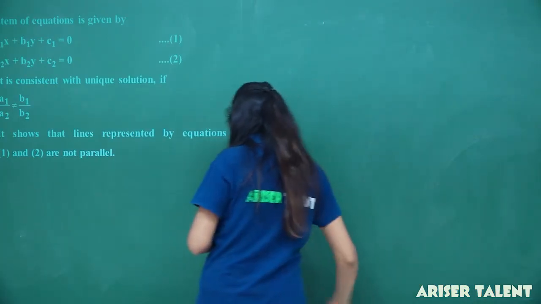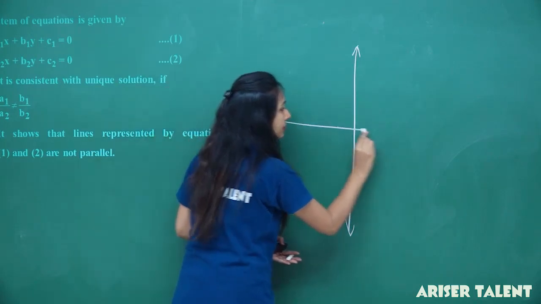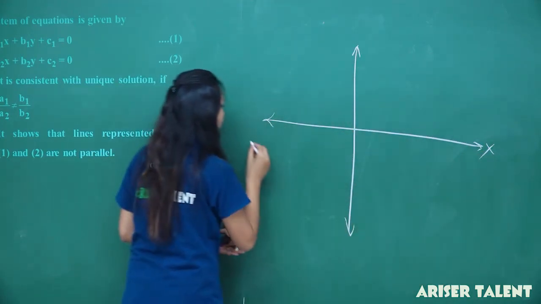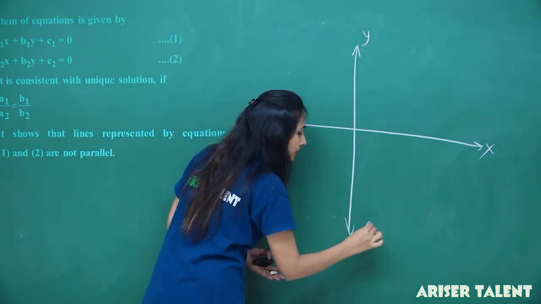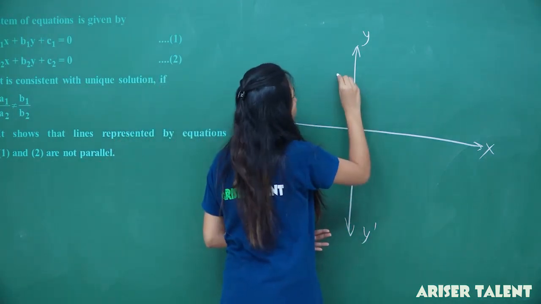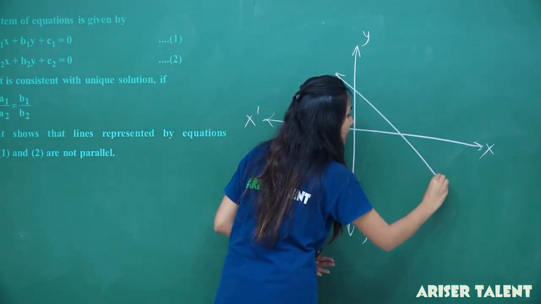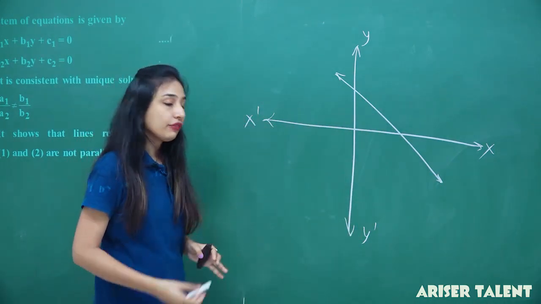Now the third category is, I have the same graph, I have some line L1 and some line L2, right. Now, for the first line, I have this line plotted on the graph, right.